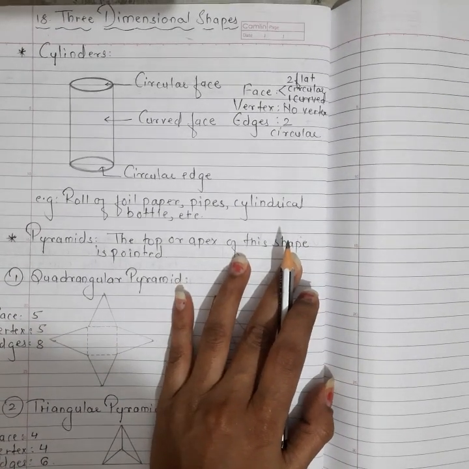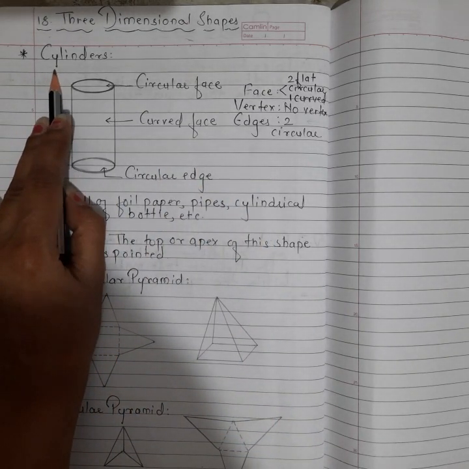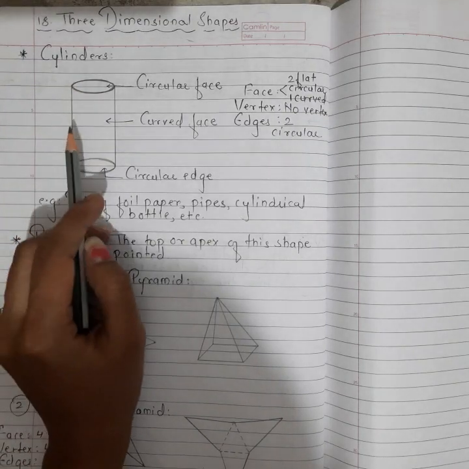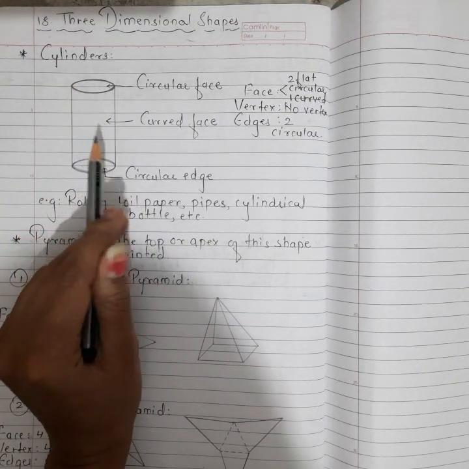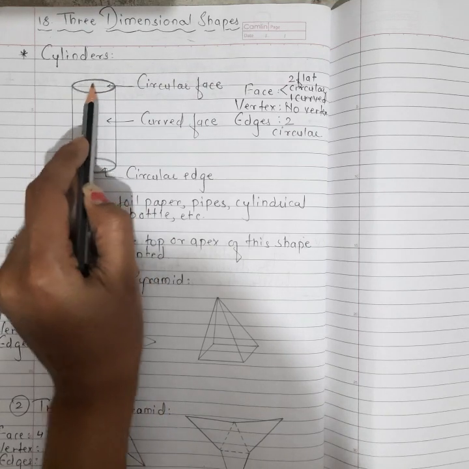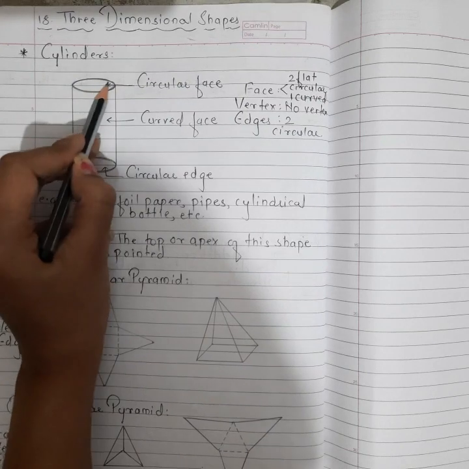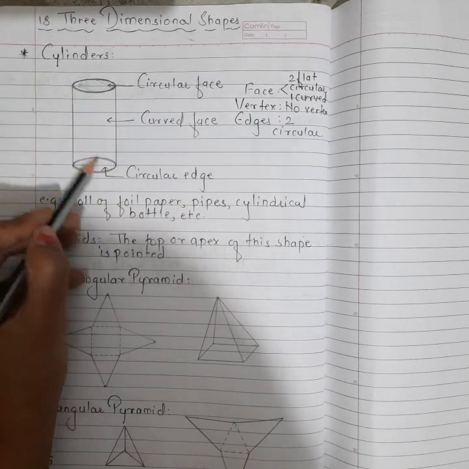The first shape today we are going to study is cylinders. Now what are cylinders? A cylinder is a shape which has a circular face. You can see I have drawn this diagram of a cylinder.